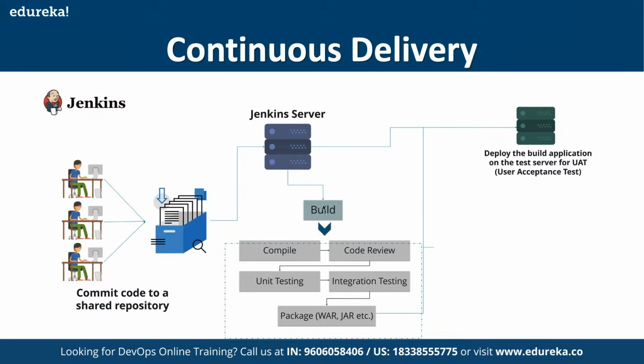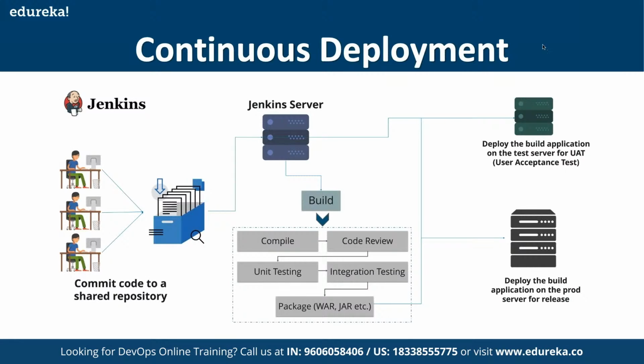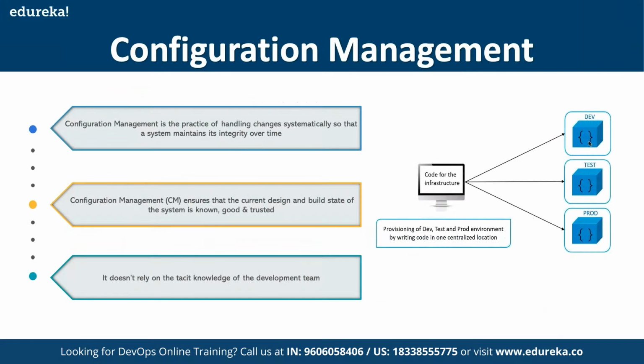When we say build, the entire code can be compiled, the code can be reviewed, unit testing and integration testing can be performed, and then the package, as in the WAR or JAR package, can be validated. In terms of deployment, the code is automatically deployed to the build, testing, staging, or production servers as per the setup required. And then we have the configuration management tool.